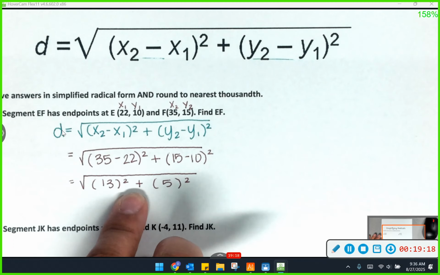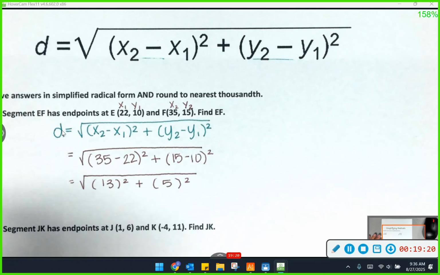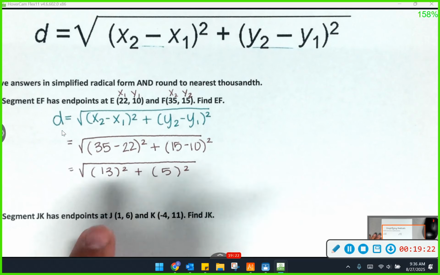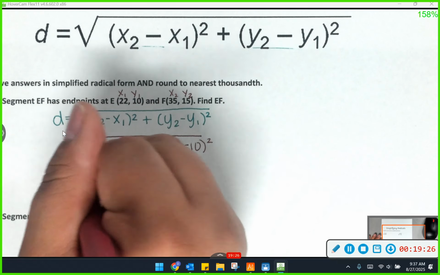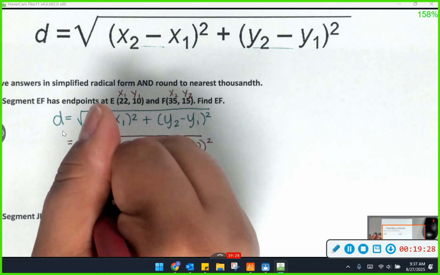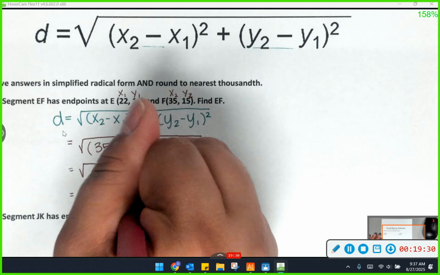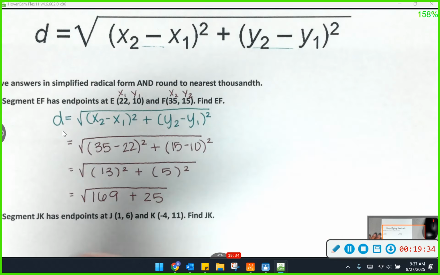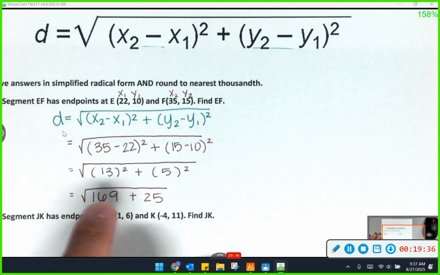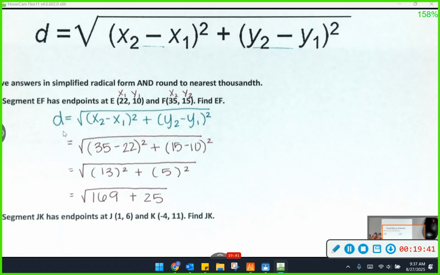Did I make a mistake? No. Okay, what's 13 squared? 169. What is 5 squared? 25. By the way, 13 squared is 169, 14 squared is just switch those two numbers: 196. That's an easy way to remember those.